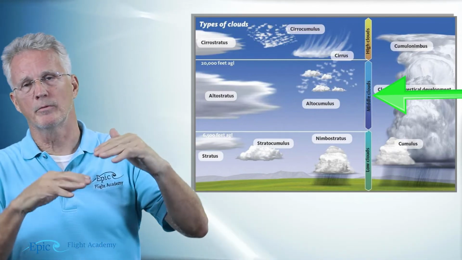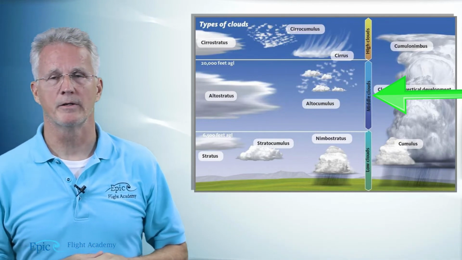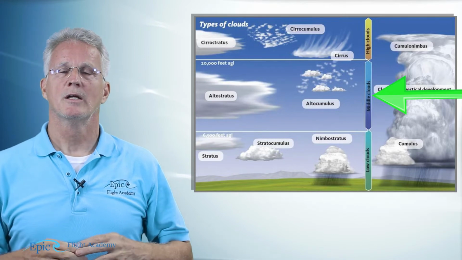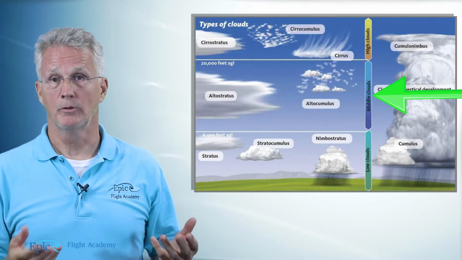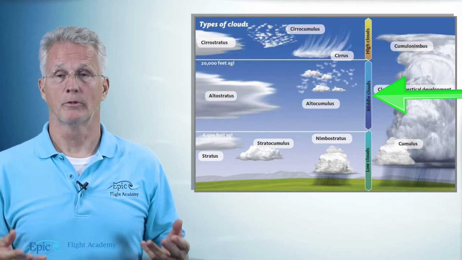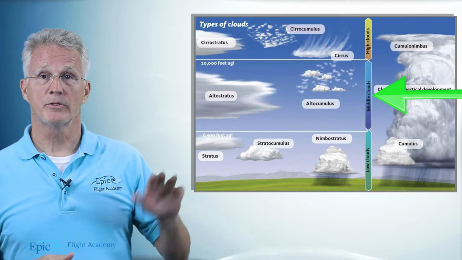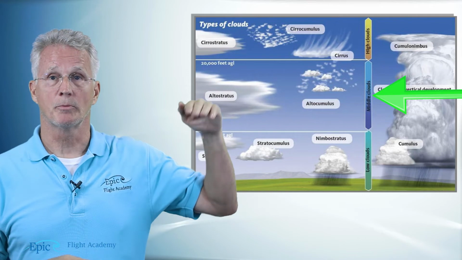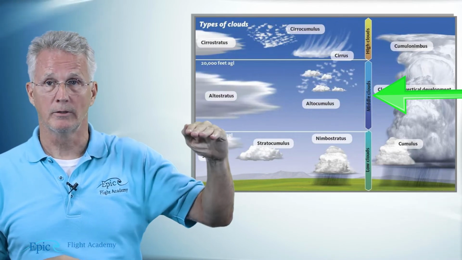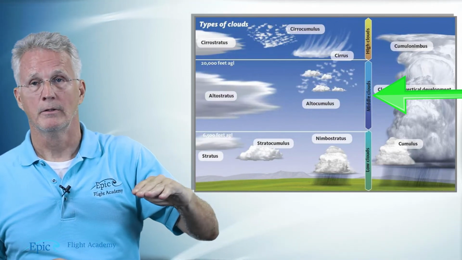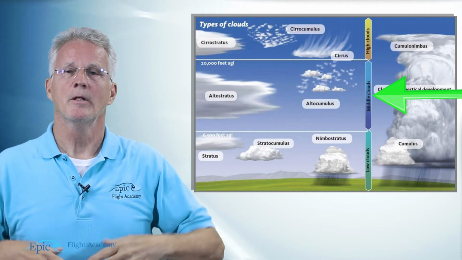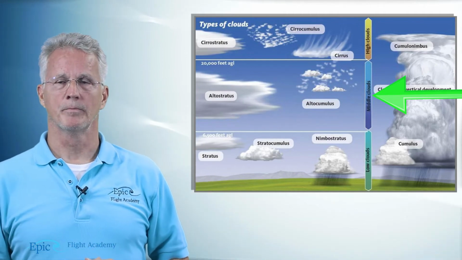At the mid-level, between about 6,500 to 23,000, we call these alto cumulus or alto stratus. Now, if you've ever sung in a choir maybe or played a musical instrument, you understand soprano, alto, tenor, and bass. And alto typically means about mid-level, and that's what we're talking about here.